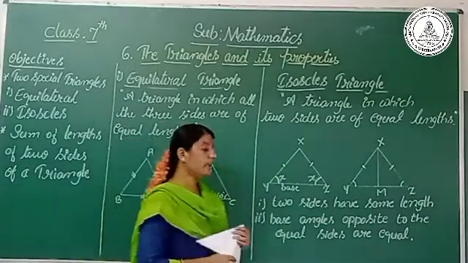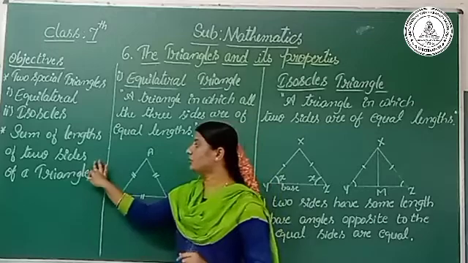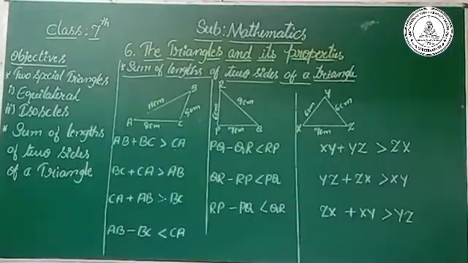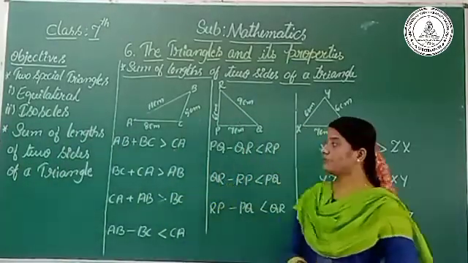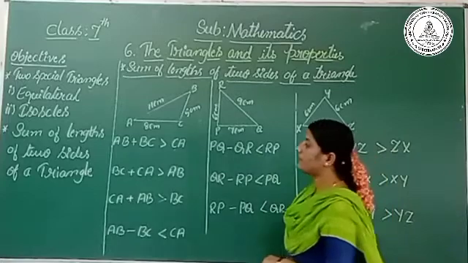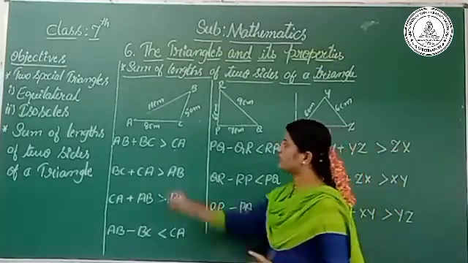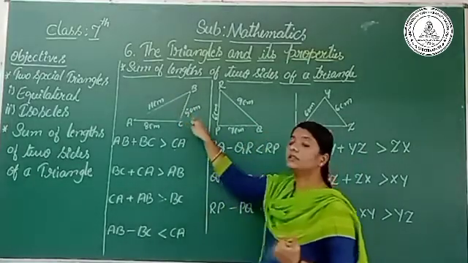Then let's move on to the second concept, the sum of lengths of two sides of a triangle. Here we have to check that the sum of two sides of a triangle is greater than the third side.